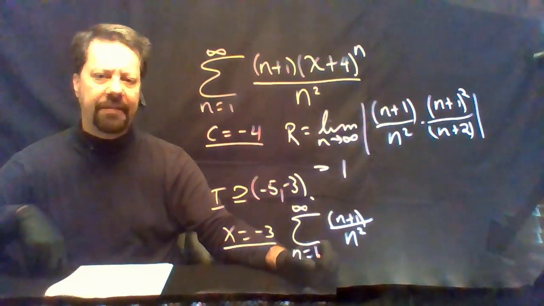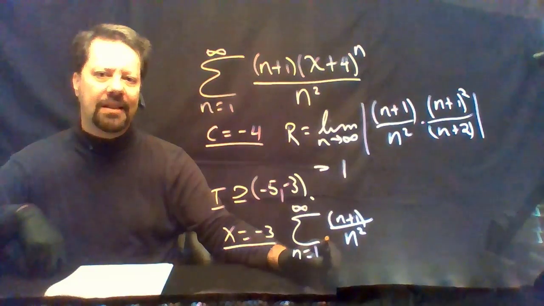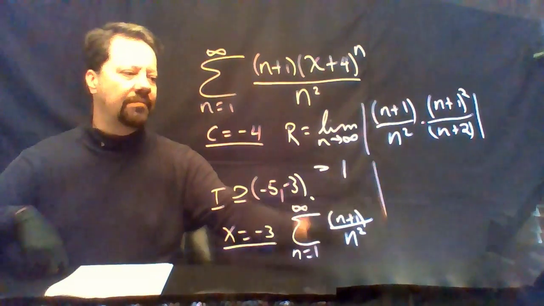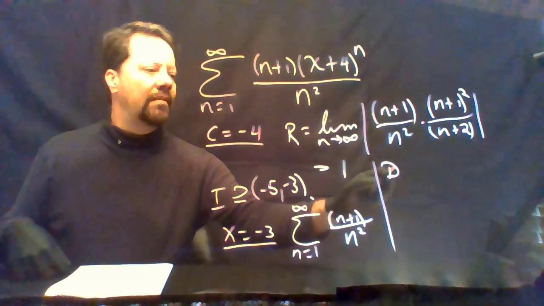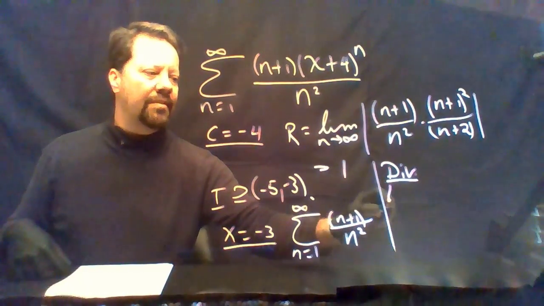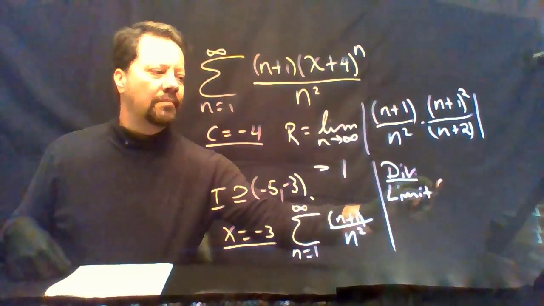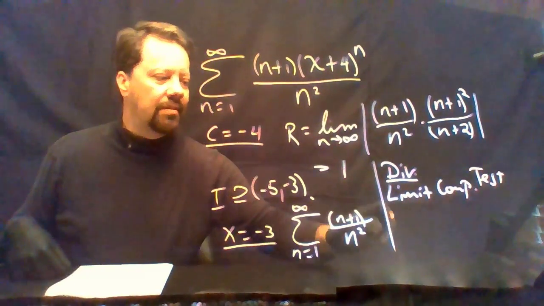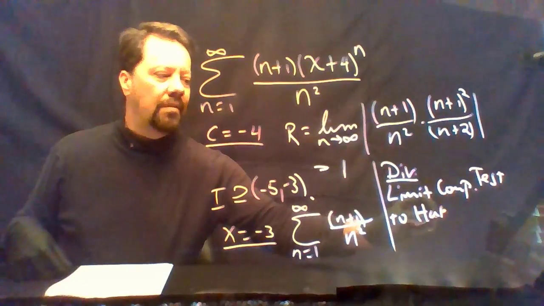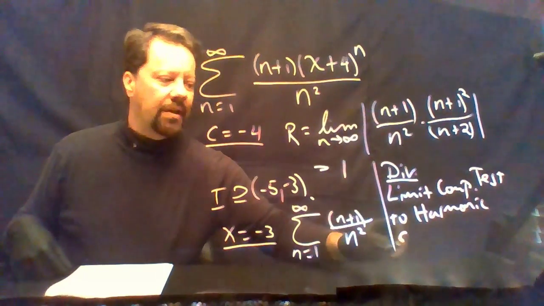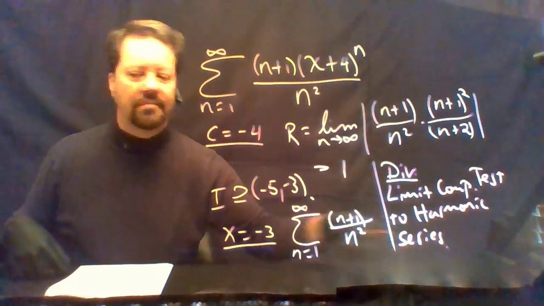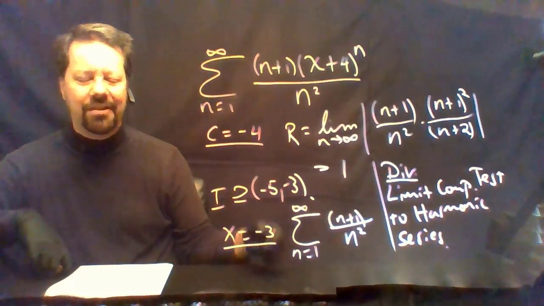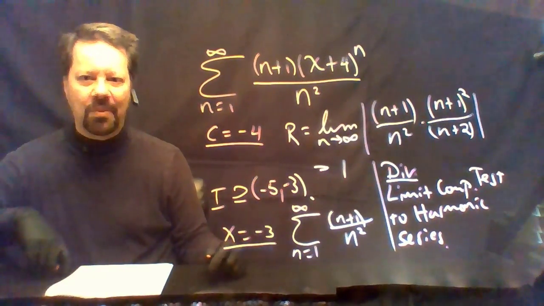This should diverge by limit comparison test to the harmonic series. So it diverges by limit comparison test to the harmonic series. I'll let you get away with just stating that. It's pretty obvious at this point.